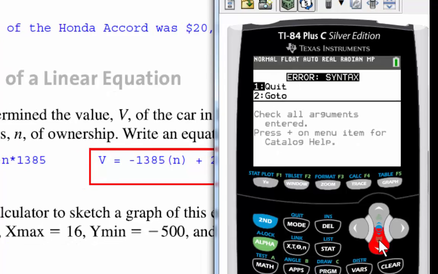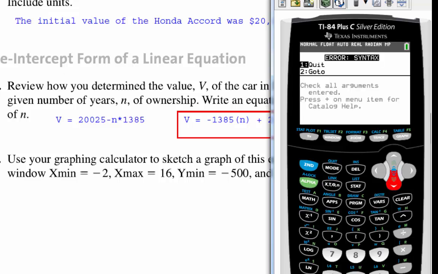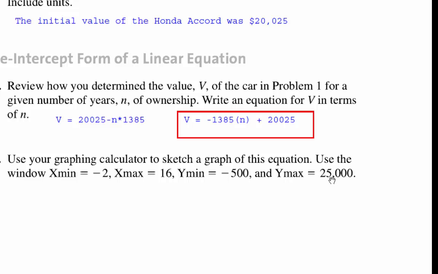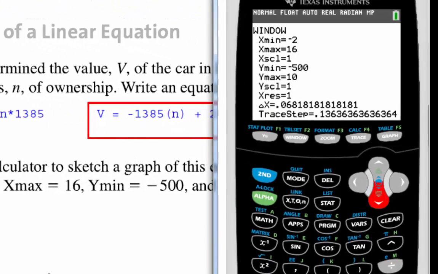My x max is 16. Oops, I got an error. Let me fix that. I didn't put in anything after the negative sign. Okay, so my x min is -2. My x max is 16. My y minimum, according to the book, is -500. And my y maximum is 25,000.